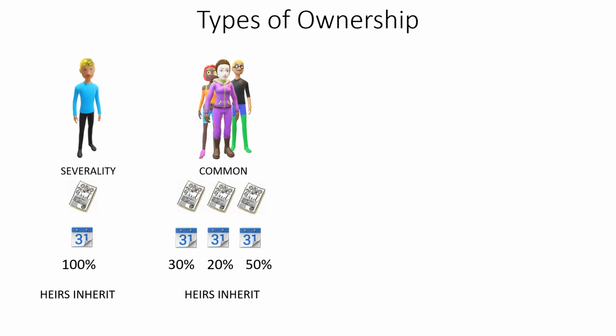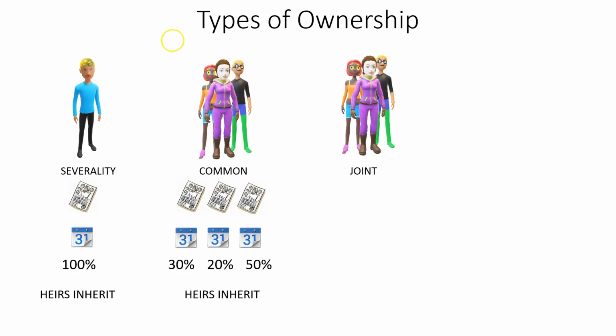A similar but slightly different one is, let's suppose these were, say, brothers and sisters, and they decided they wanted to buy a property, and when one of them dies, that person's share would go to the others. And therefore this is called joint ownership.